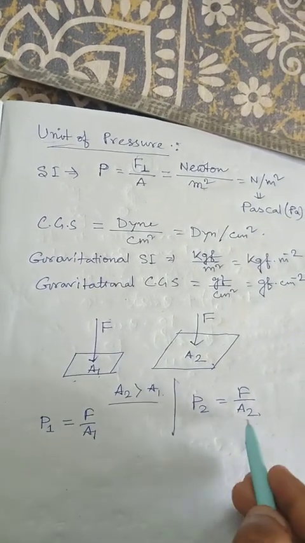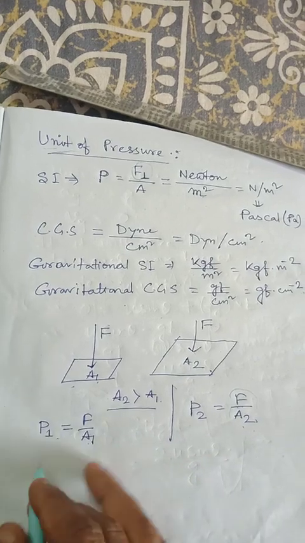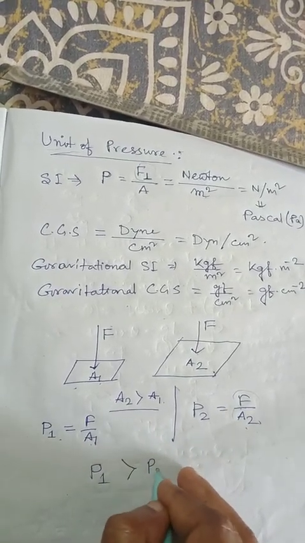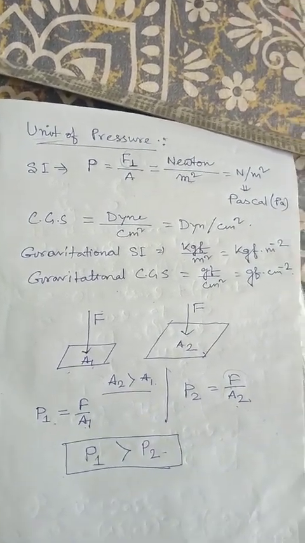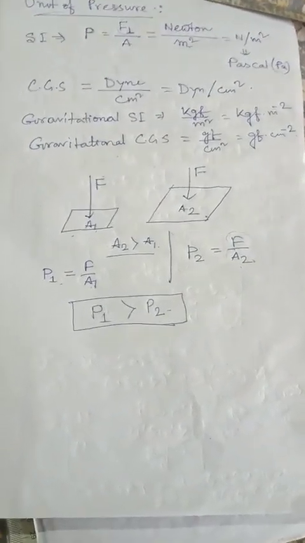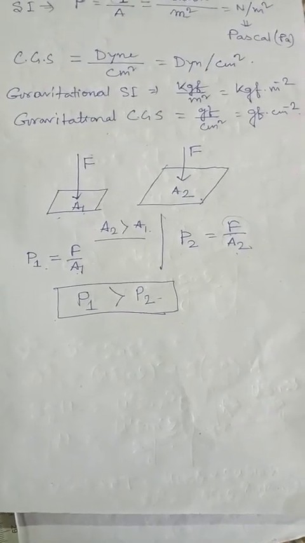As A2 is greater than A1, this value is smaller than that value, so P1 is greater than P2. So if we apply the same force, on the small surface area the pressure will be high.